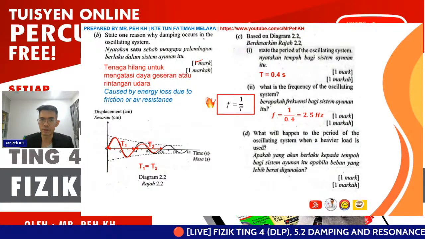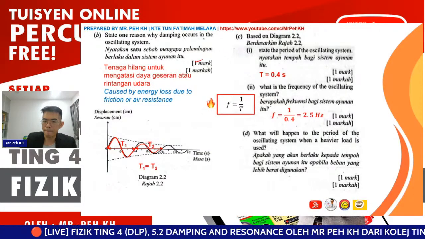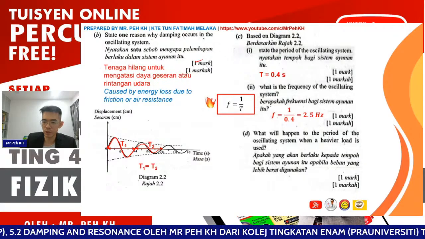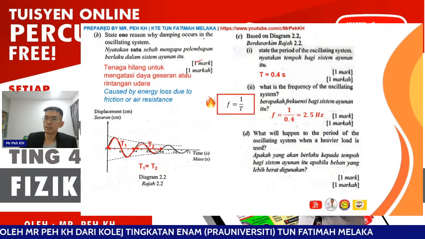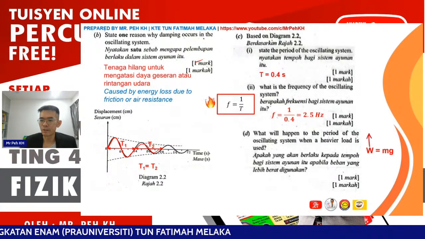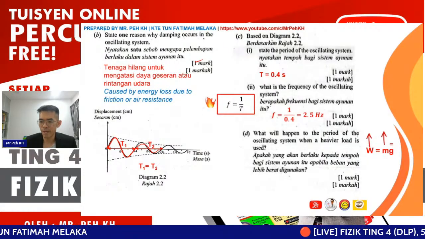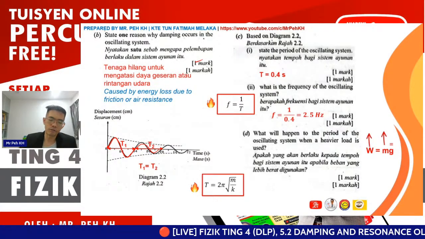Okay, then question D. What will happen to the period of the oscillating system when heavier load is used? Okay, so this is a loaded spring. So when weight increases with the same gravity, the mass will be increased also.